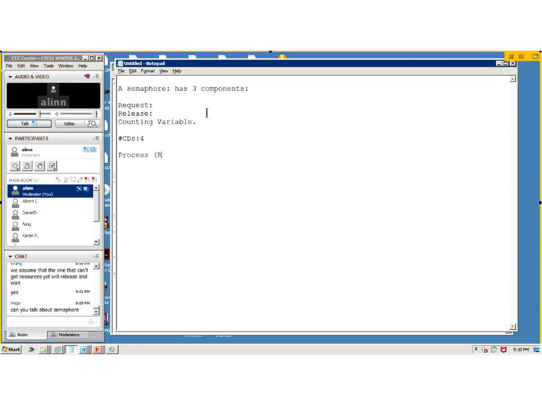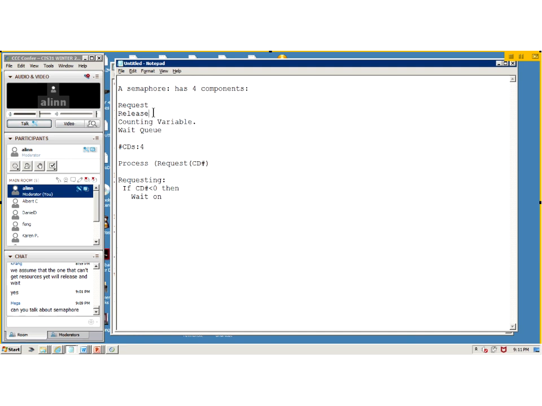Okay. So process A runs a request on CD number. The requesting semaphore: if CD number is less than 0, then wait on the CD queue. It has 4 components. I forgot to put down the wait queue associated with it.